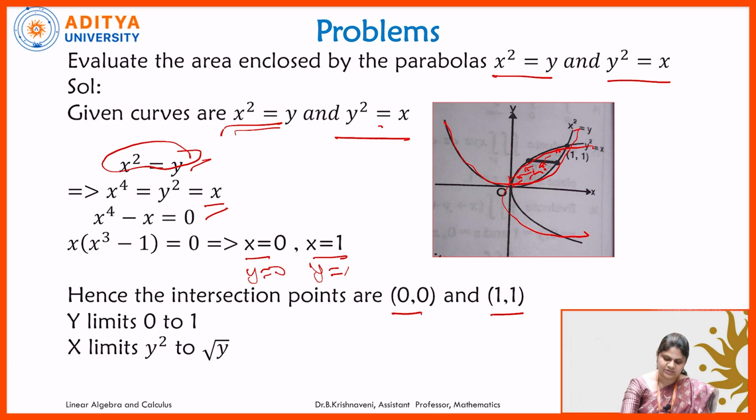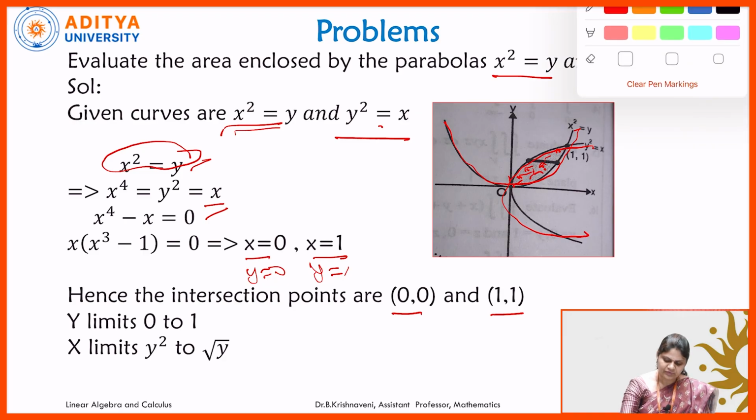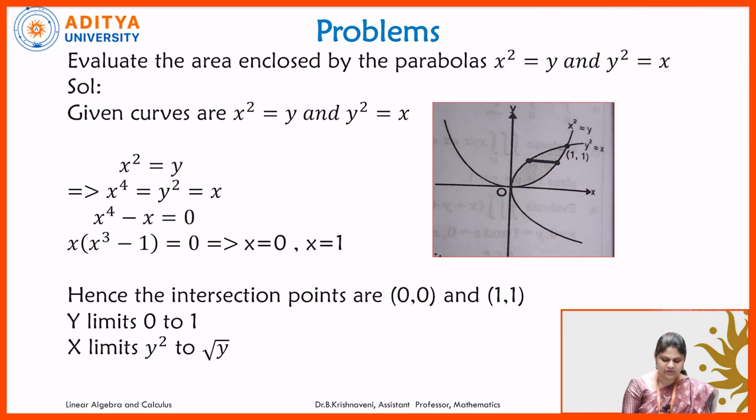Now coming to the limits. We already discussed how to find the limits in the region, either by using a horizontal strip or a vertical strip. In this question, let us consider a horizontal strip. Then we get the x limits along the strip from left to right. Left is touching the curve y square is equal to x, so x is equal to y square.